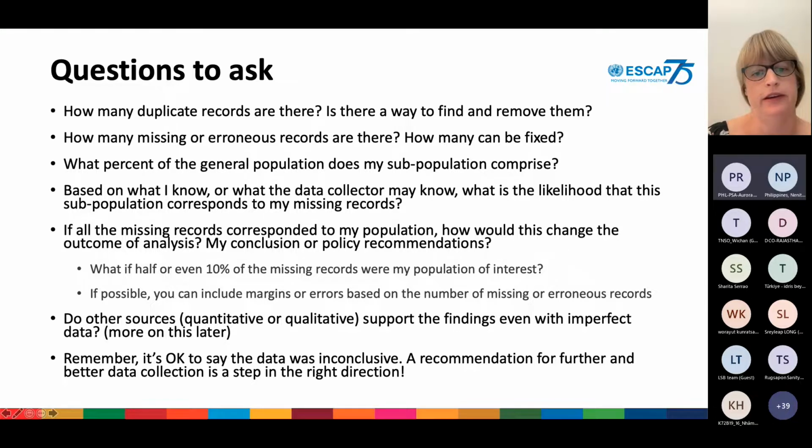You also want to understand what percent of the general population your subpopulation comprises. So you have some populations of interest and you want to understand, is this 5%, 20%, 50% of the population, because that also would matter in terms of your missing records or data quality.